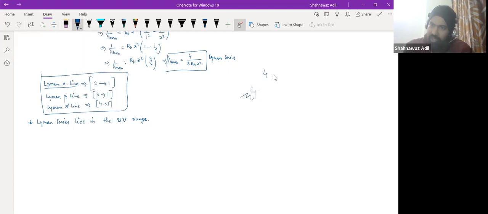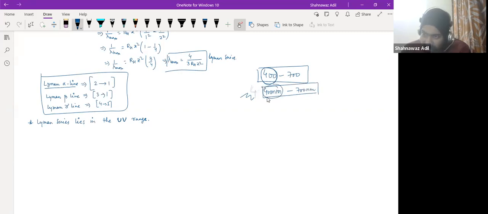And which wavelength is this? 400 nanometer. Which wavelength is this? For which color of line?